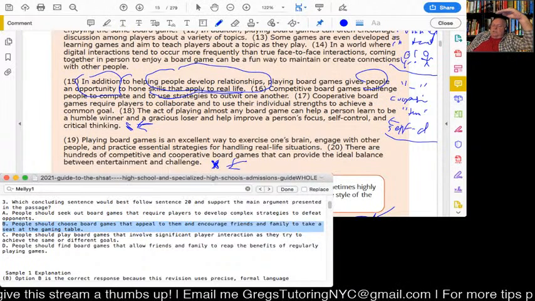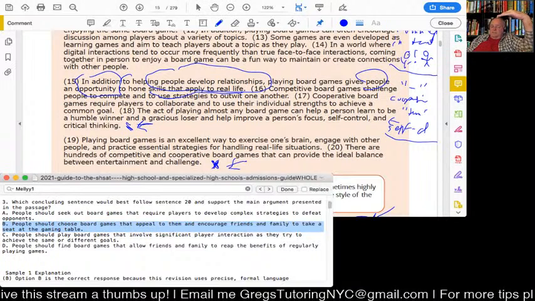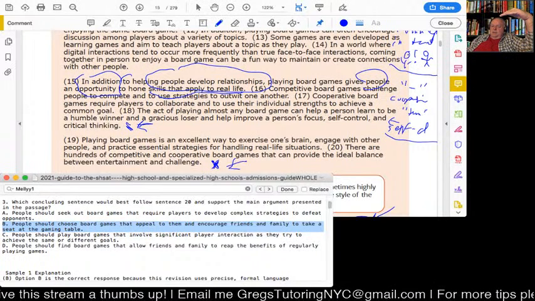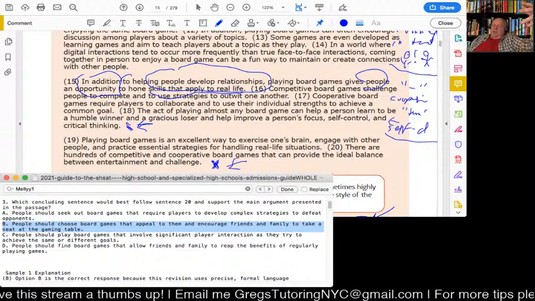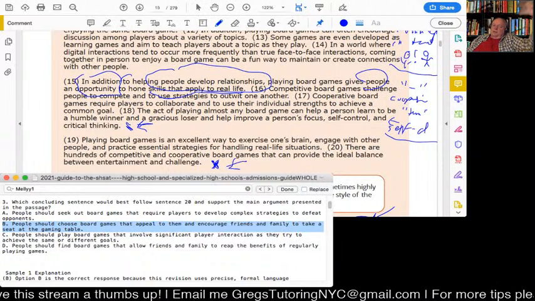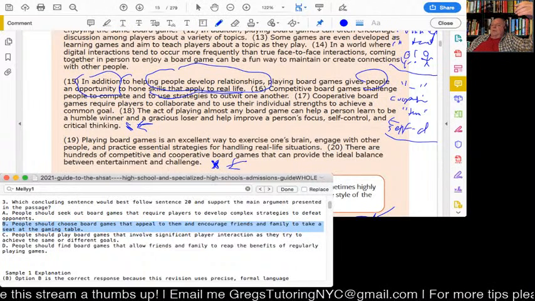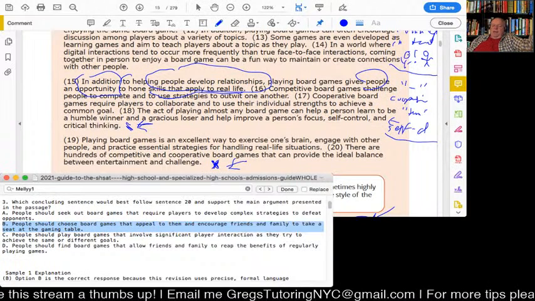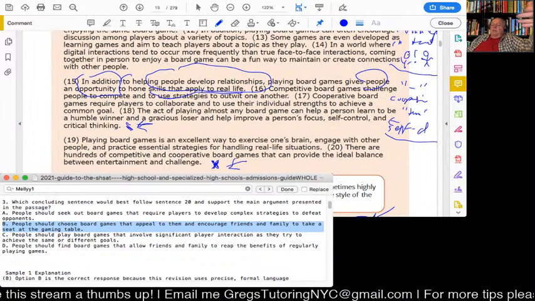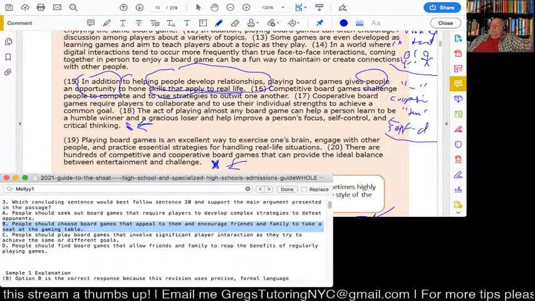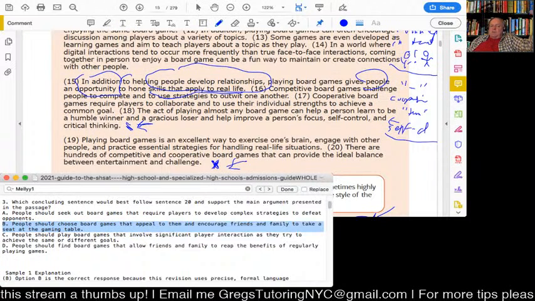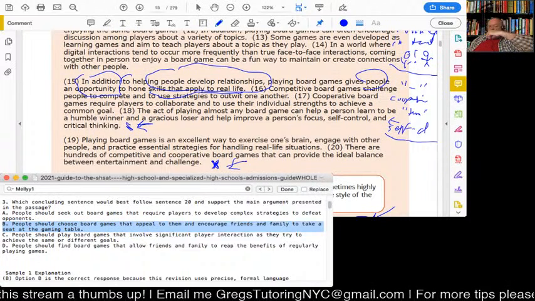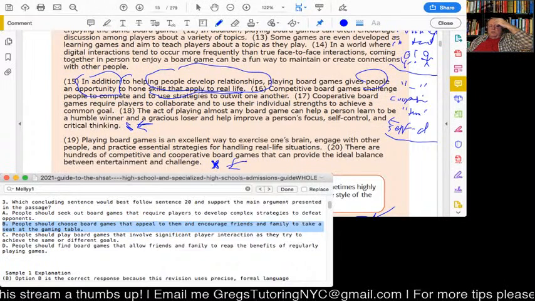Because the hair splitters are what defines the SHSAT. It's not just getting A and C ruled out. You only get one shot at this. You don't get 1 point for answering B and half a point for answering D. And by the way, some tests are set up that way, but the SHSAT isn't. So how do we move to the next step? Let's look at it again. People should choose board games that appeal to them.